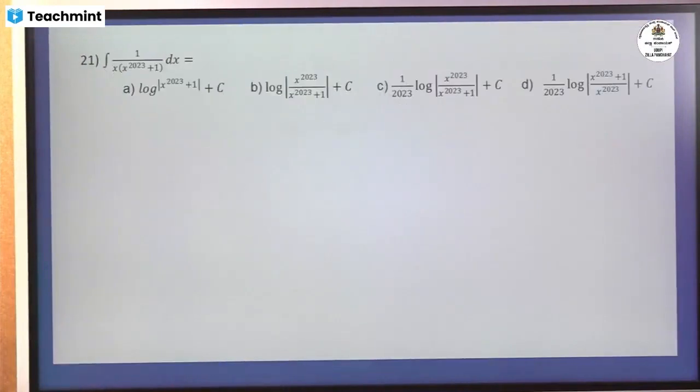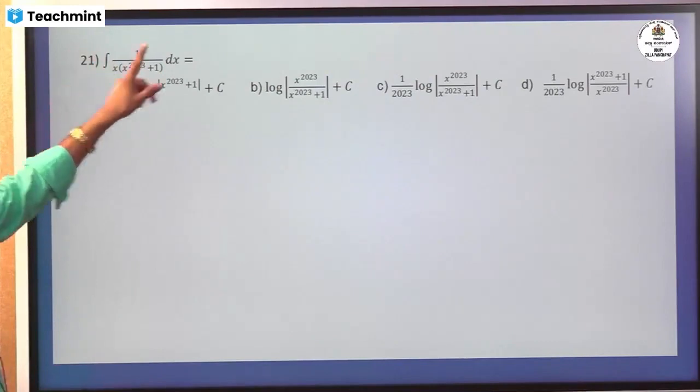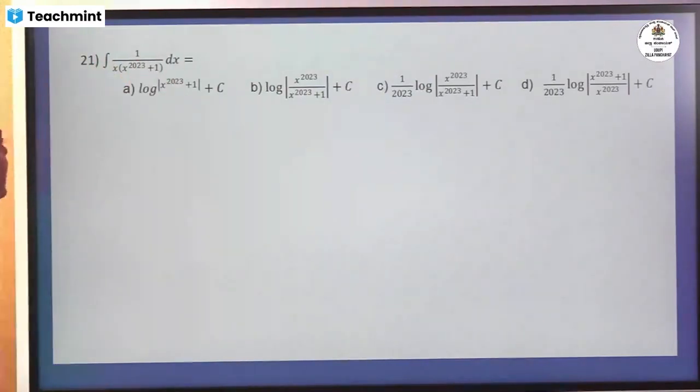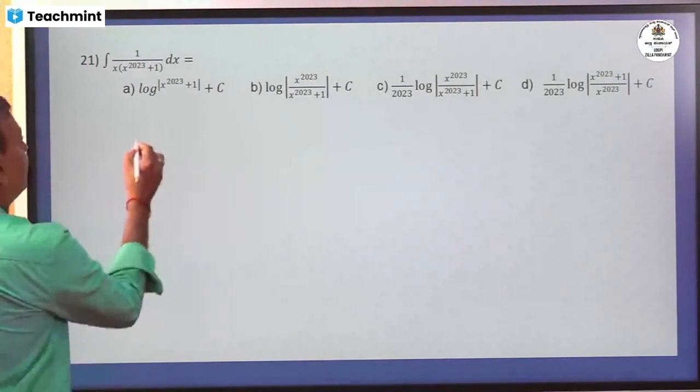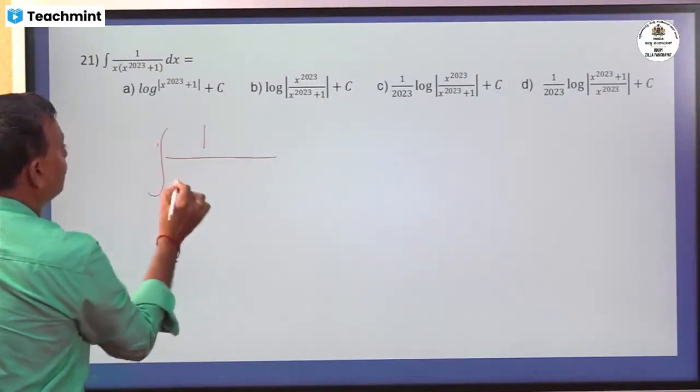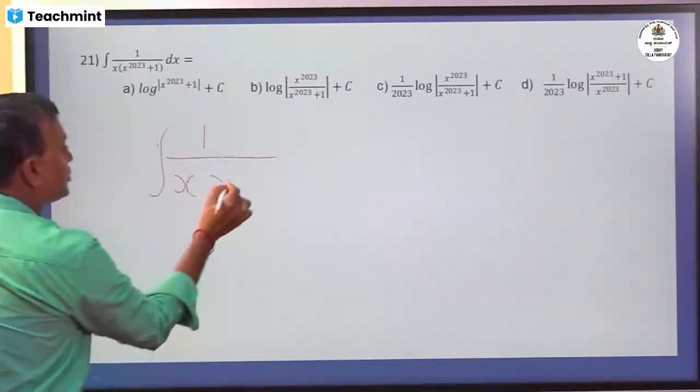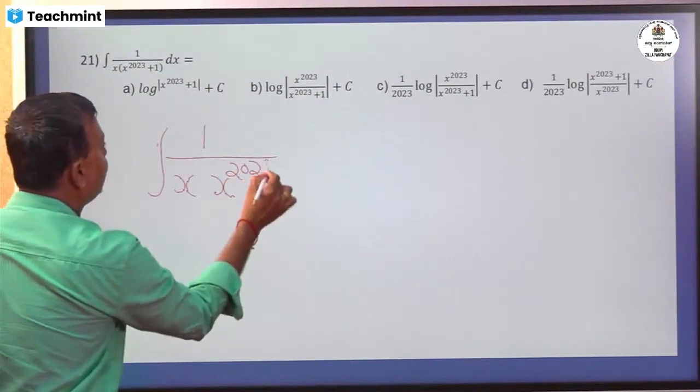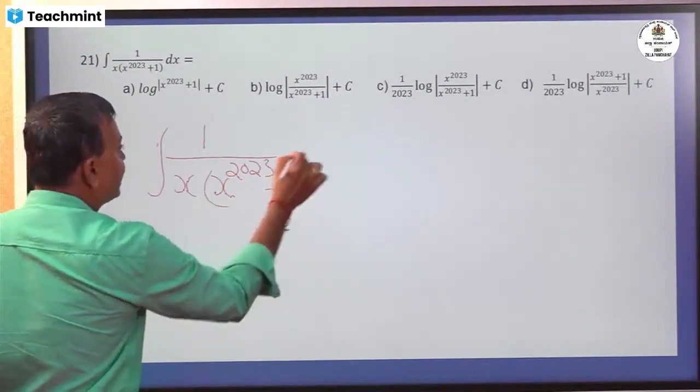Next, integral of 1 by x into x to the power 2023 plus 1 dx. See how to do this. Now, integral of 1 by x into x to the power 2023 plus 1 dx.